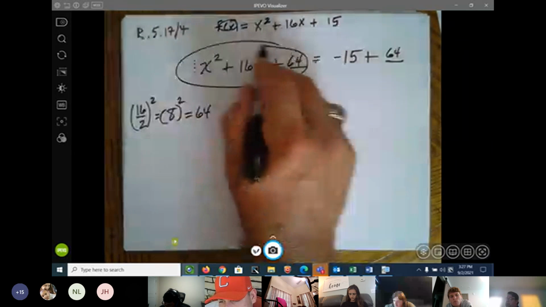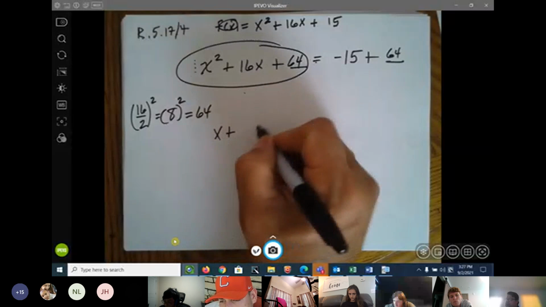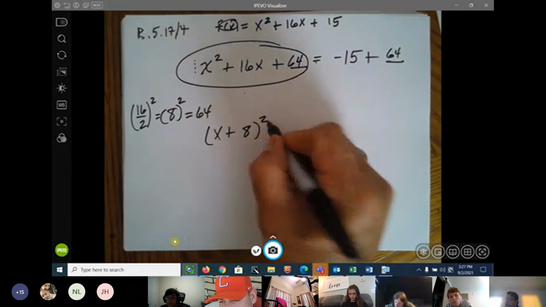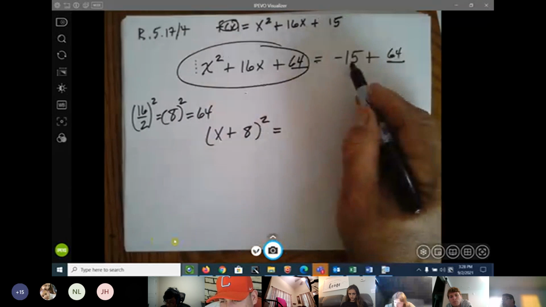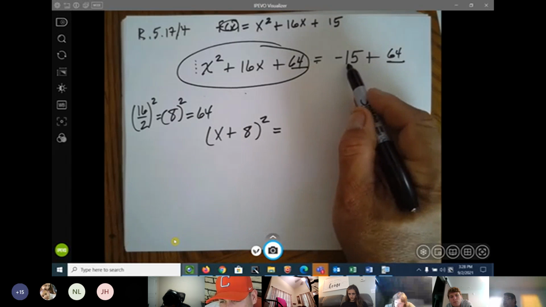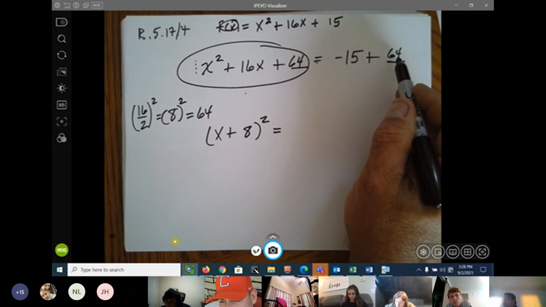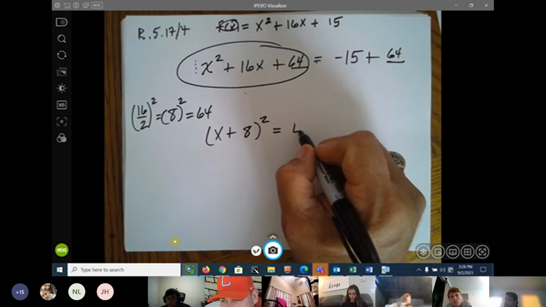Shortcut number 1 or number 2 gives us x plus 8, quantity squared, equals, negative 15 plus 64 would be 49.